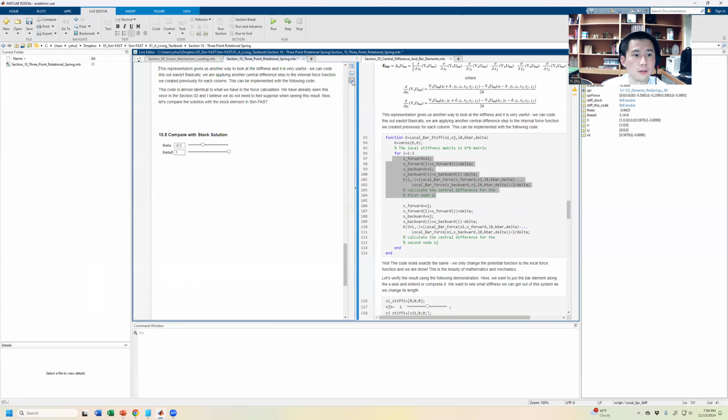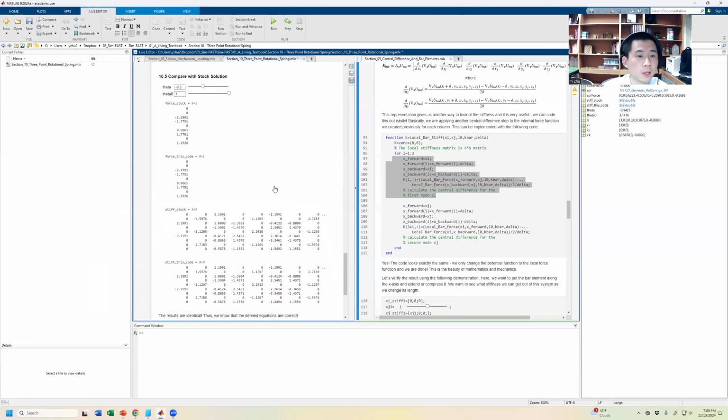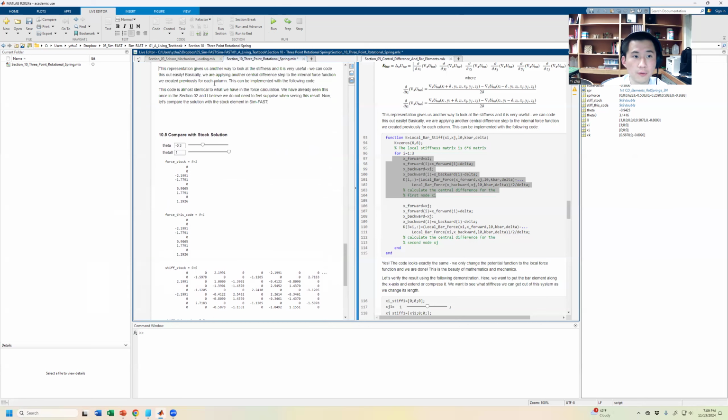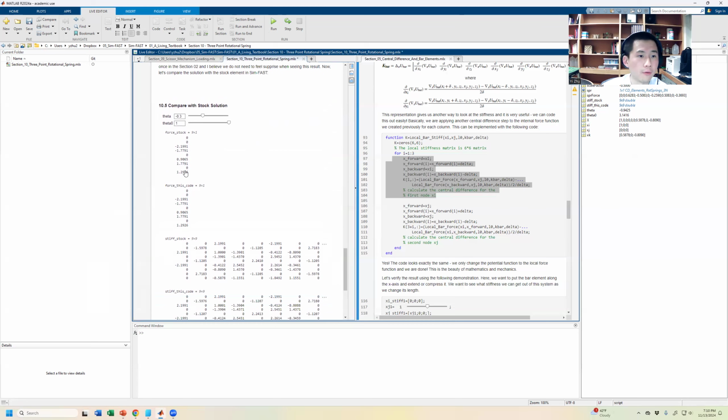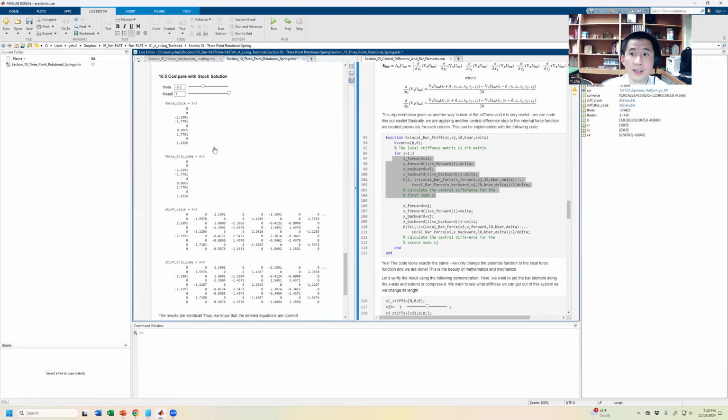Yep, that's better. When my theta does not match, there are going to be forces generated. The force we just created using this code is identical to what we have in the stock function. This is needed because it indicates that we did the calculation right.